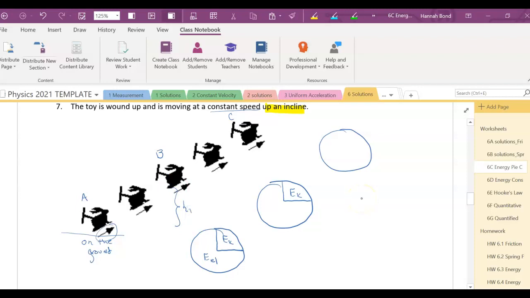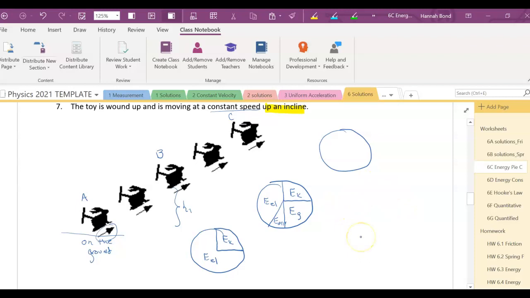It is higher than it was originally, and so now there is some gravitational potential energy. Its little feet have been rubbing against the floor, so there's some dissipated energy, and the elastic potential energy is getting smaller.